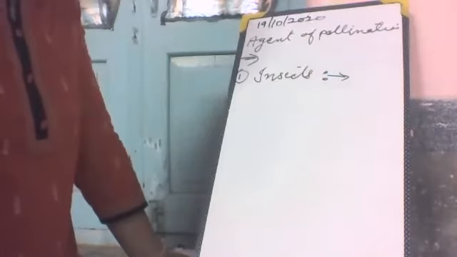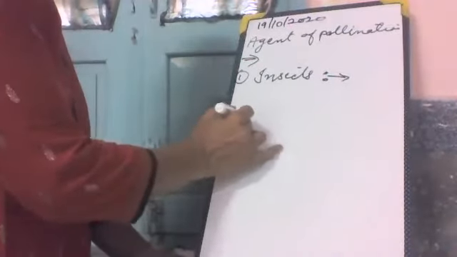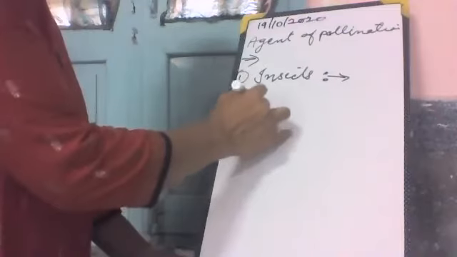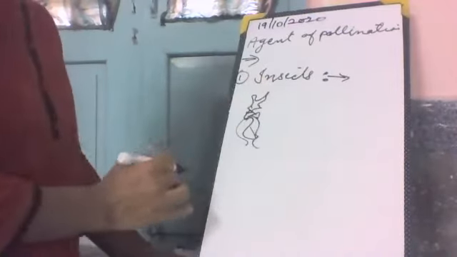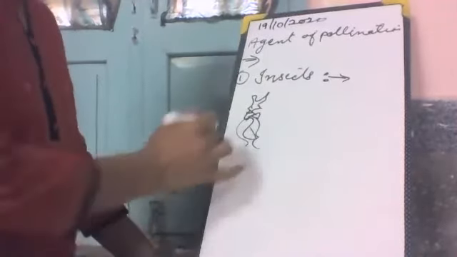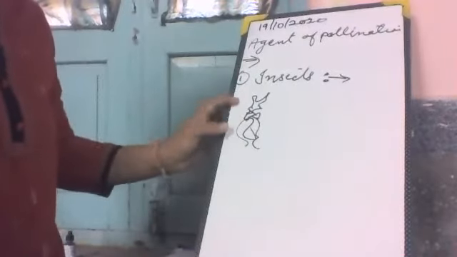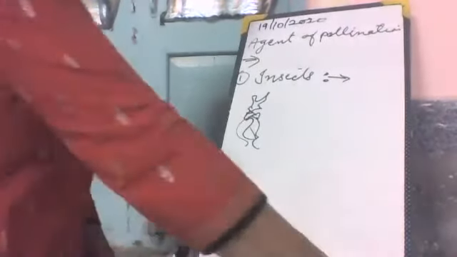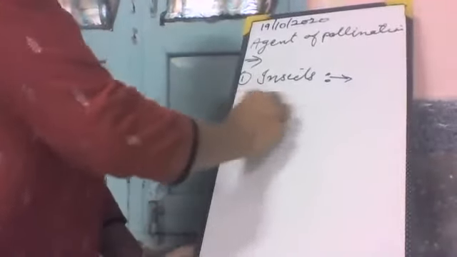To get nectar, when an insect sits on a flower, the pollen grains stick to the mouth, wings, and legs of the insect.